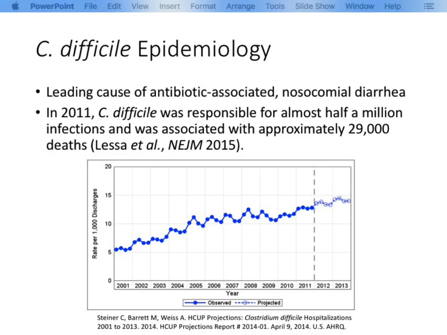And this is looking at each quarter of the year, how many cases are occurring per 1,000 people that are discharged from hospitals. You can see 2001 it was about 5. We've almost tripled that number, where about 15 are occurring for each 1,000 people that are discharged. In 2011, responsible for almost 500,000 infections, 29,000 deaths. Okay.